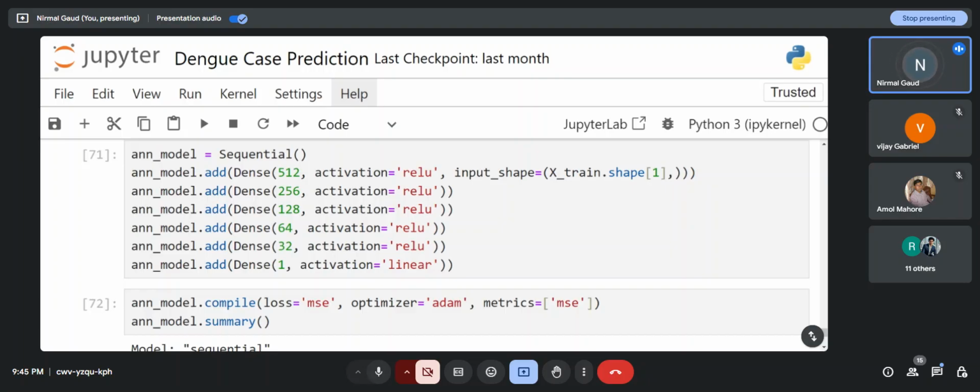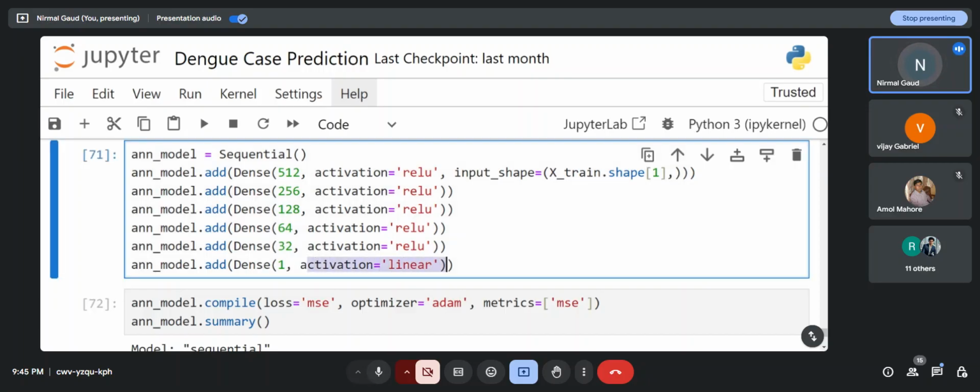No need to make this bulky architecture, you can reduce it. I took a linear activation function at the last layer because cases will be positive, not negative. So ReLU is possible there. I could have used ReLU here, but I used linear.